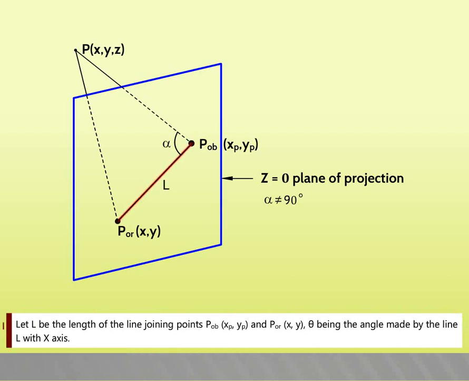Let L be the length of the line joining points POB, xp, yp and P or x, y, theta being the angle made by the line L with x-axis.